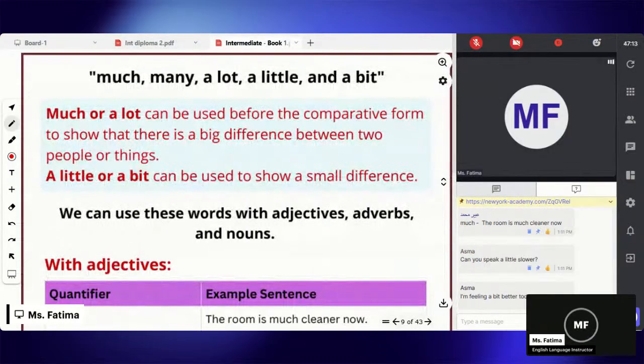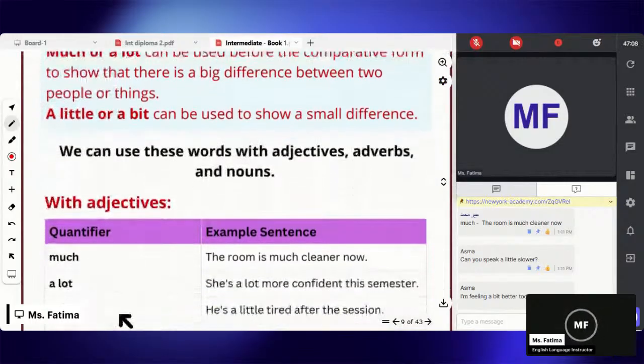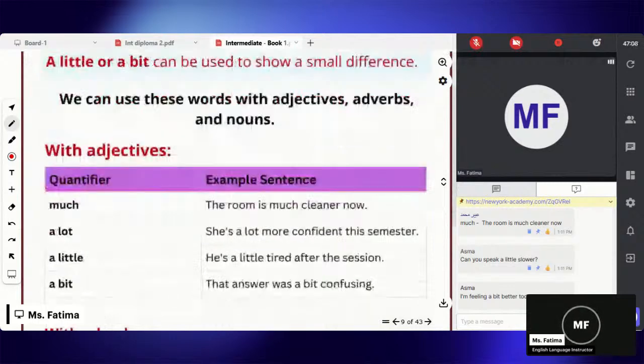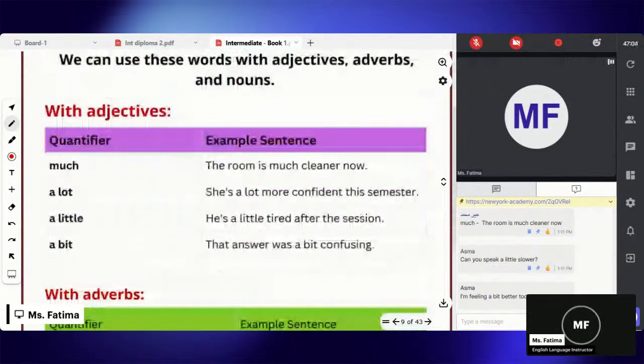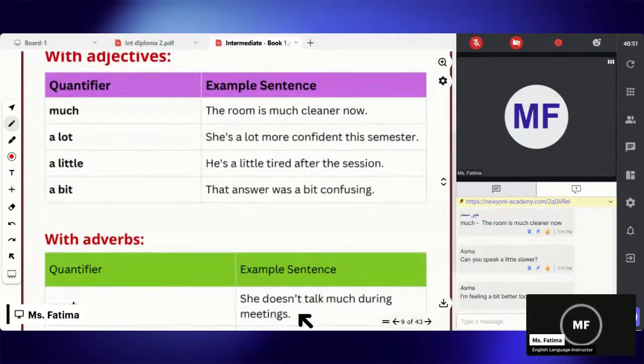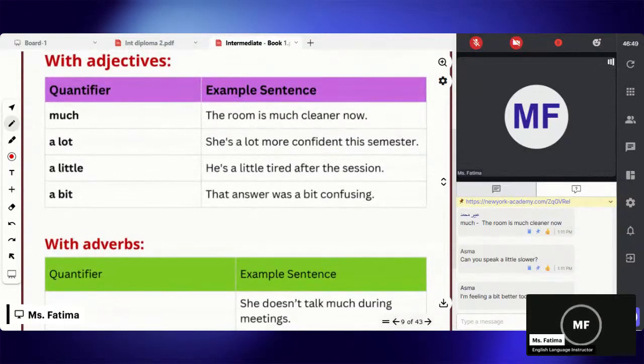So with adjectives and adverbs, we can use the same quantifiers, much, a lot, a little, or a bit for a small difference, and also for adverbs, the same thing. For example, she doesn't talk much during meetings. Here I'm describing what?